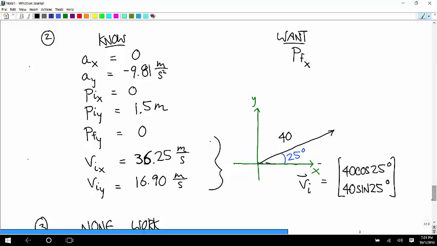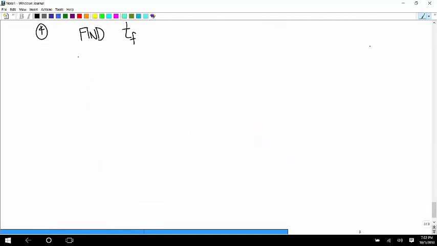I think the one that'll work is PFY is equal to PIY plus VIY TF plus 1/2 AY TF squared. Time final's there. That's the one we're looking for. Everything else is known.